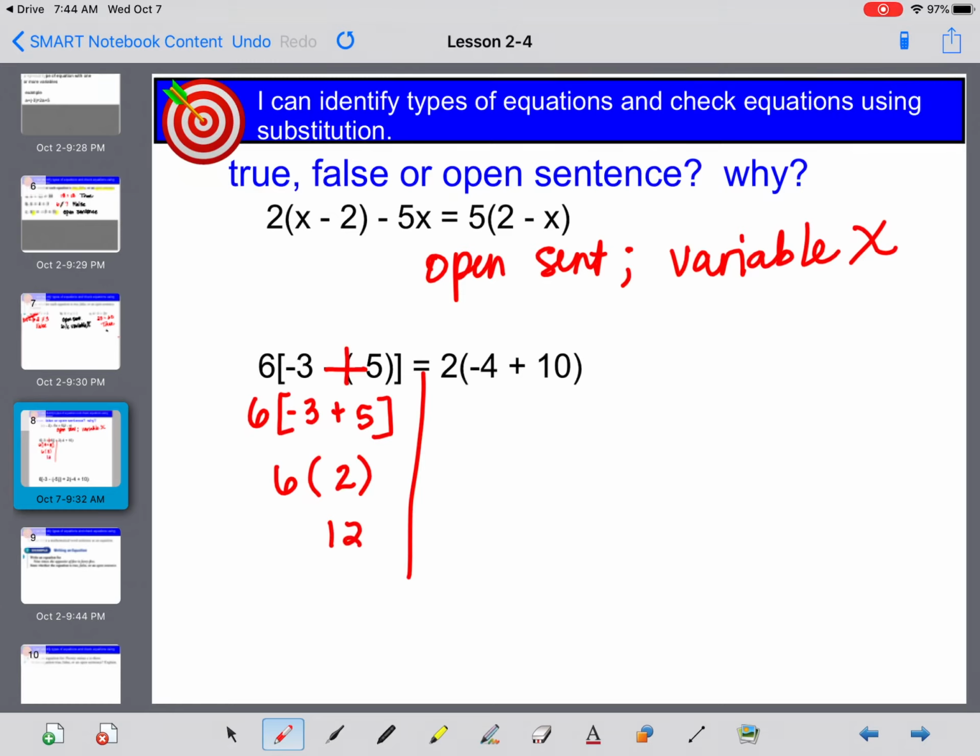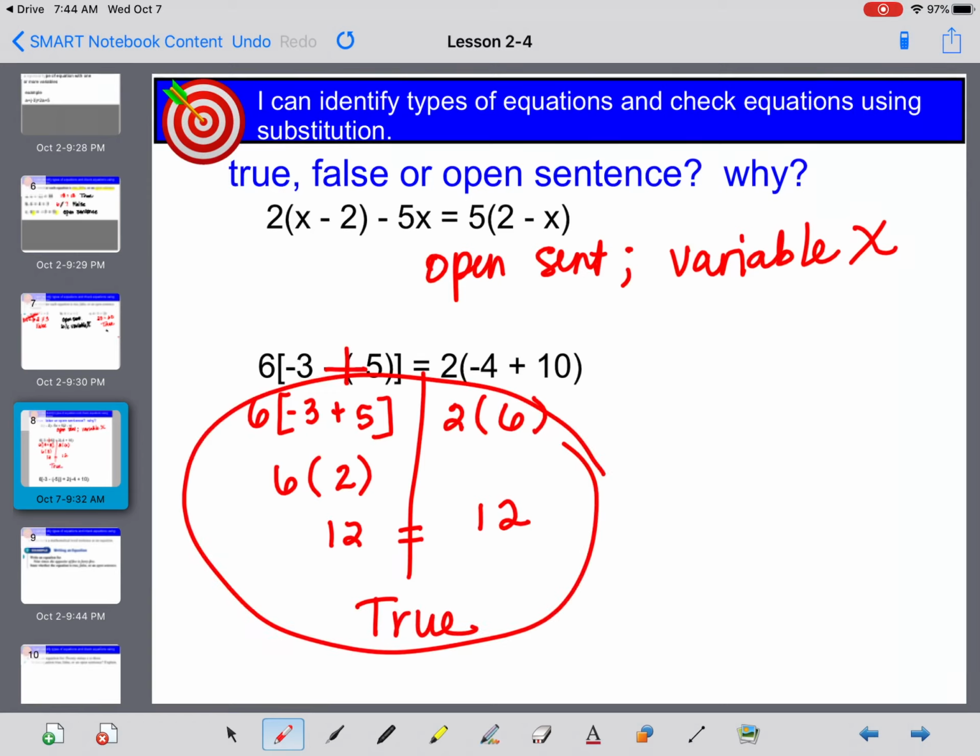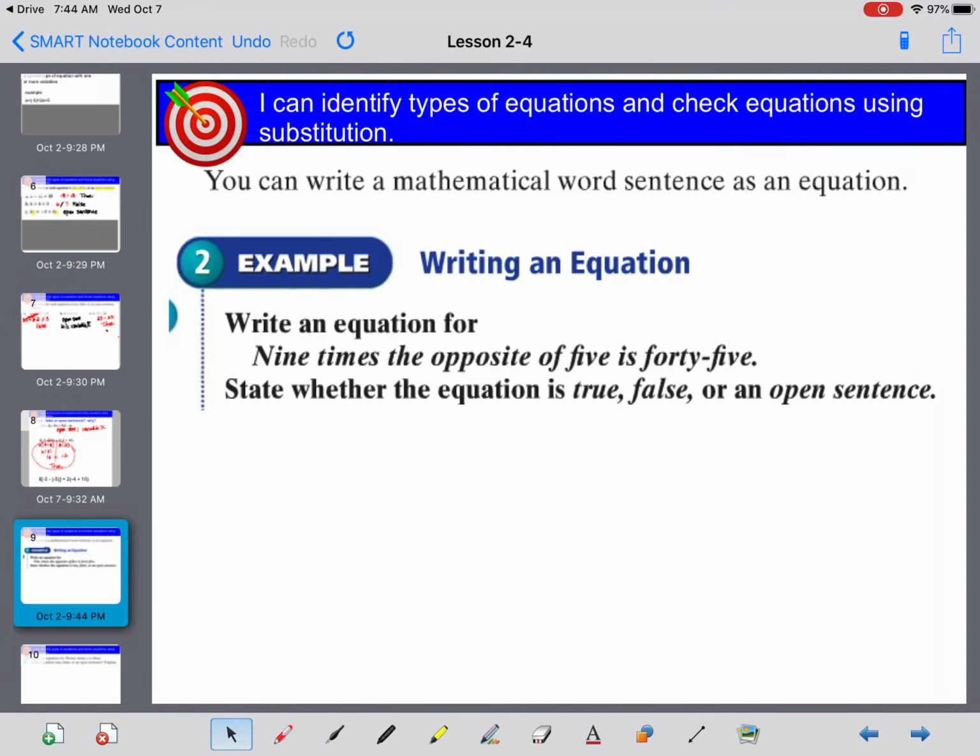On the right-hand side, I need to simplify the parentheses first. -4 plus 10, that is positive 6. 2 times 6 is 12. Does 12 equal 12? Yes. So I would say true. And why? This work is my explanation. I'm showing you why it's true.